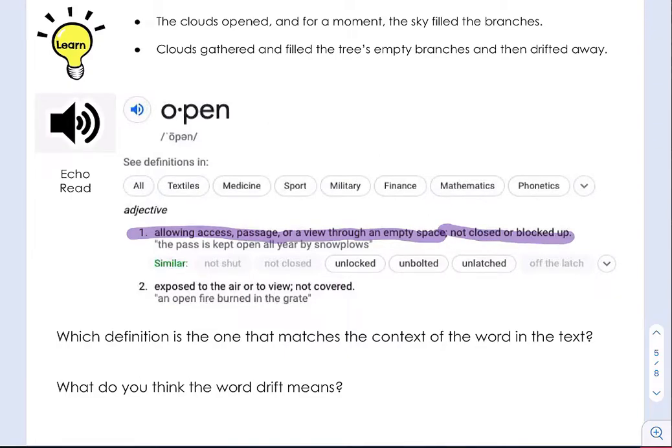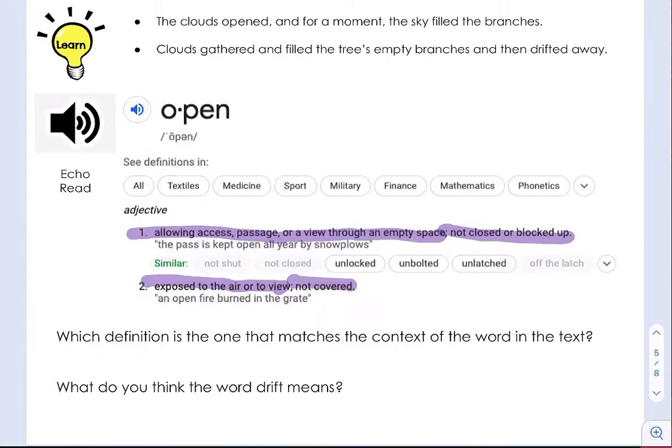We also have exposed to the air or to view, or not covered. Which definition is the one that matches the context of the word in the text? We know there are a lot of multiple meaning words, but think about how the word open is used in this sentence, in this text.